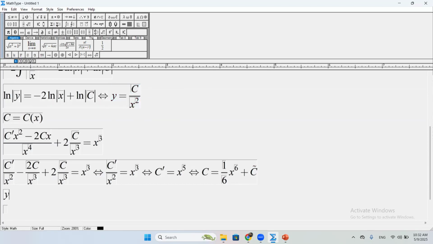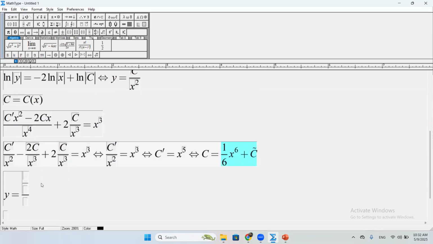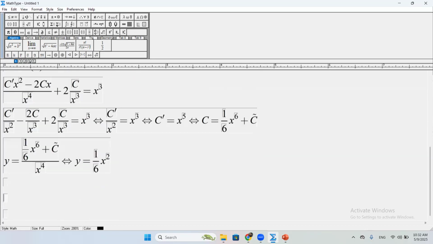So y equals 1 over 6x plus c with a wave, divided by x in power of 4. Let's simplify it a little bit. So y equals 1 over 6x square plus c with a wave over x in power of 4. So this is the answer.